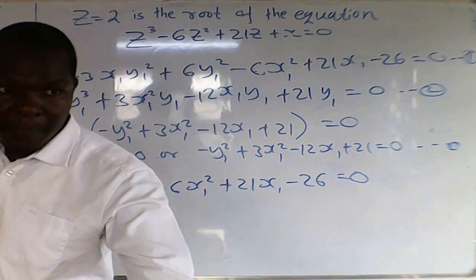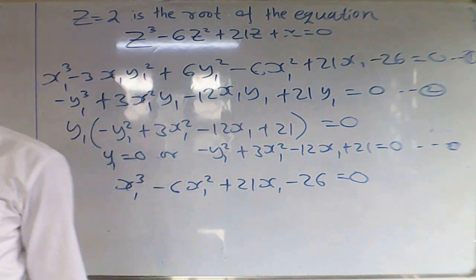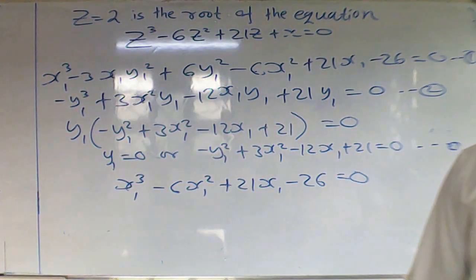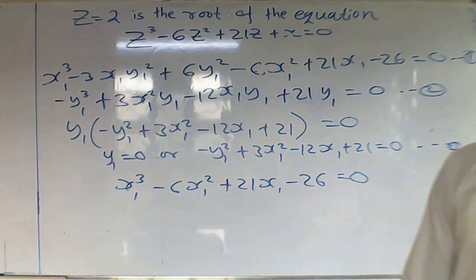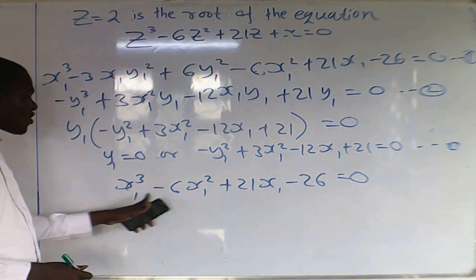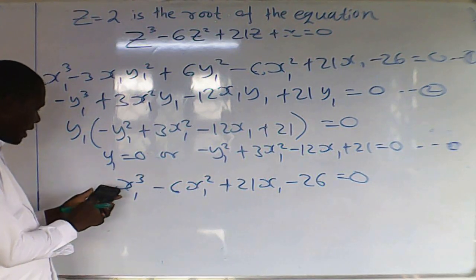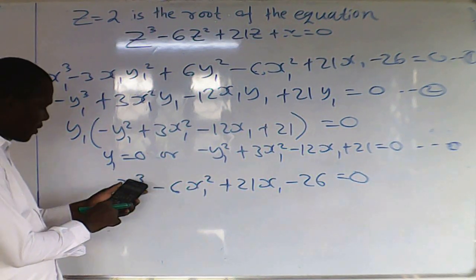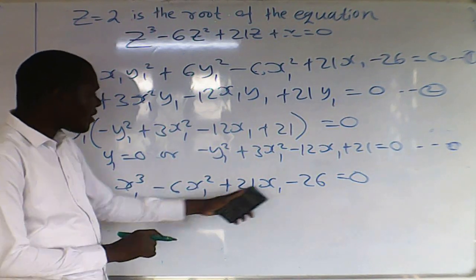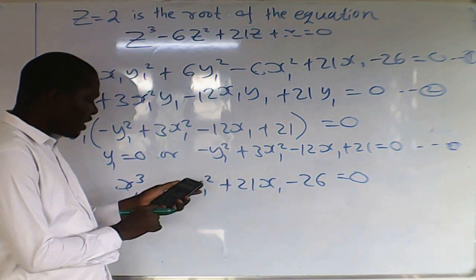Help me with the calculator. Now we want to test. Where there is x1, you put answer. So we have answer cubed minus 6 answer squared plus 21 answer minus 26.